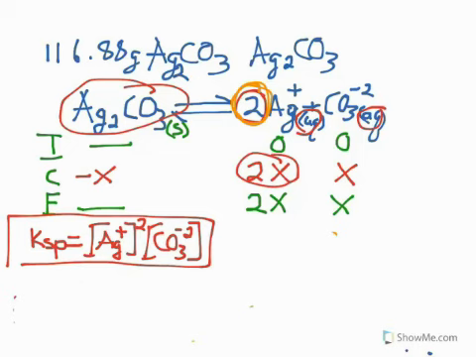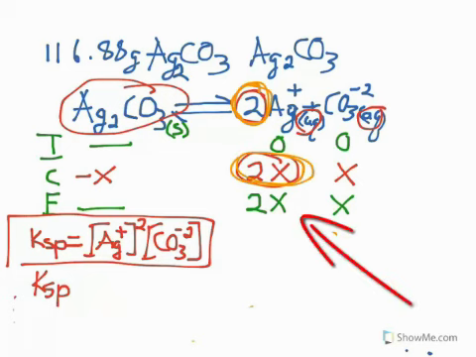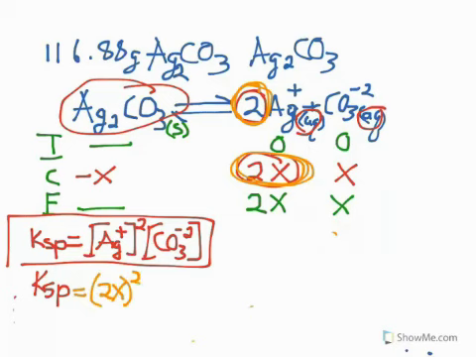So I get KSP, and for silver I have 2X right here. This is the place people make mistakes, so it's equal to 2X, and then I've got to square all of that, not just the X. It's the total concentration of silver squared times the carbonate, which is easy enough, it's X. And so that's highly soluble.